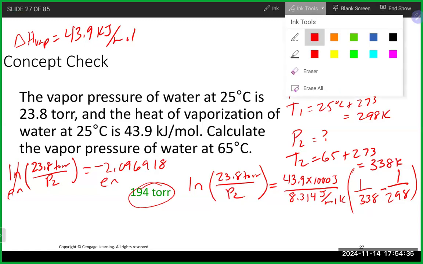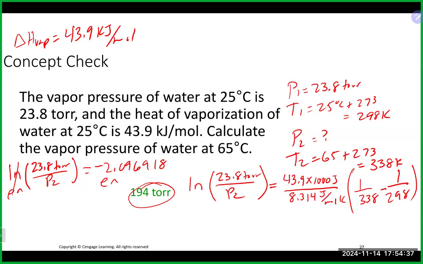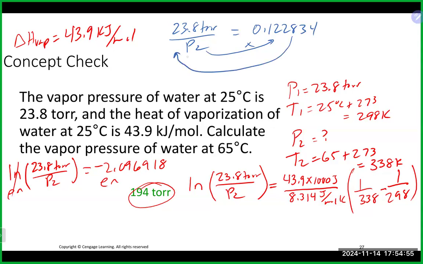So if we do that, we will end up with 23.8 torr over P2 is equal to 0.122834. We're going to multiply this to that side, and divide that back to the other side. So we're going to go 23.8 divided by that answer, basically. And that's going to give us a P2 that is about 194 torr, as you can see on the bottom there.